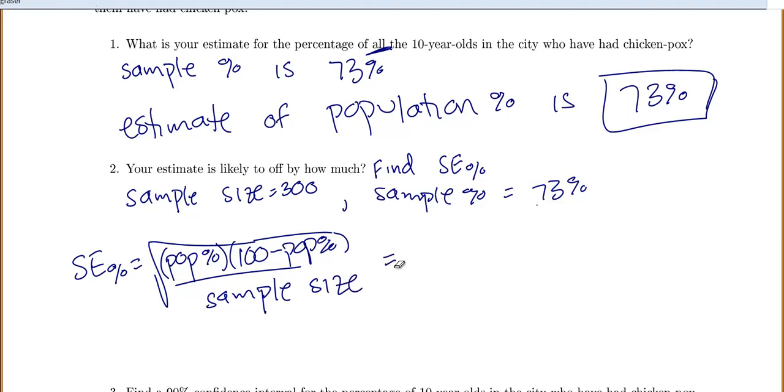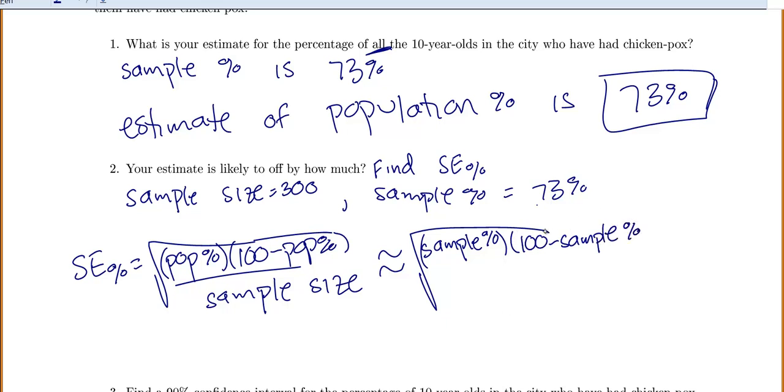Now, I don't know exactly what my population percentage is. Instead, I have to estimate my population percentage, which means that this is just going to be approximate. So I use the sample percentage instead of the population percentage, over the sample size.